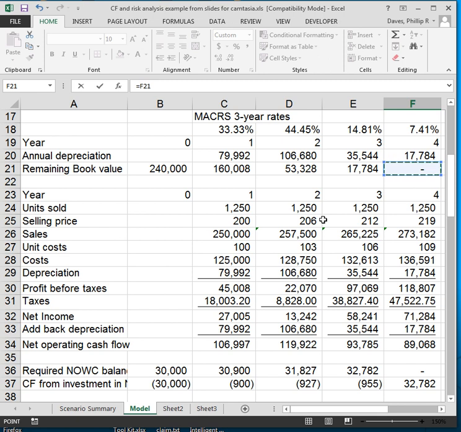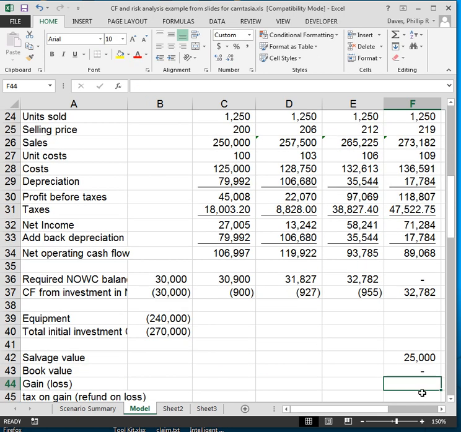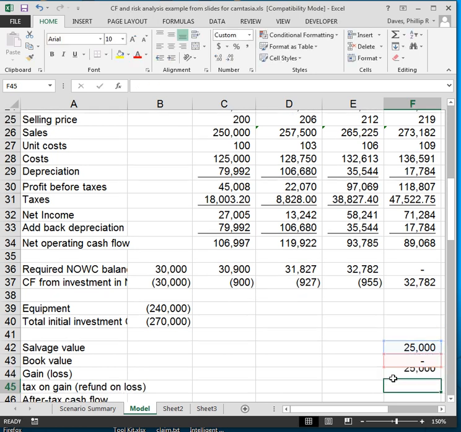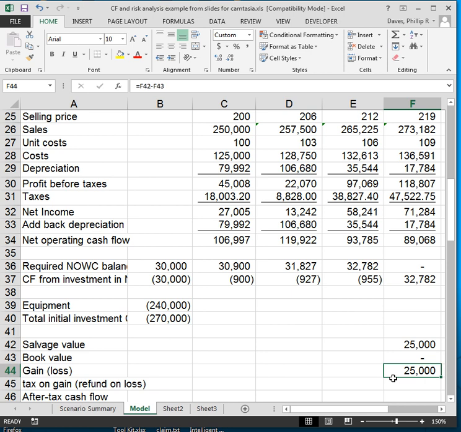But it could have had a book value of anything if we had sold it before it was fully depreciated. We have sold for $25,000 with a book value of 0. That means our profit was $25,000 on the sale. We might have had a loss on the sale if we had sold it for less than book value and had a positive book value.